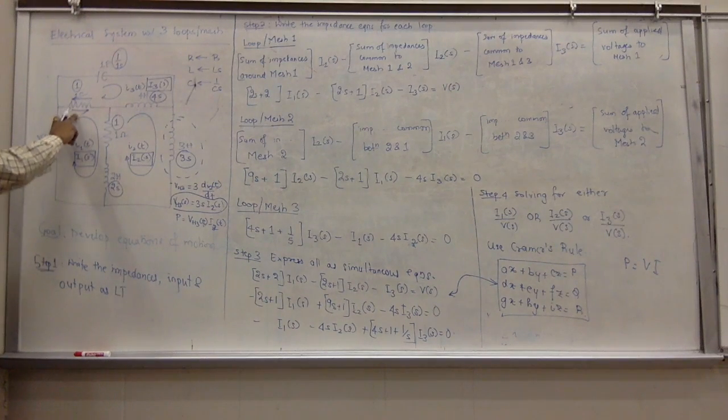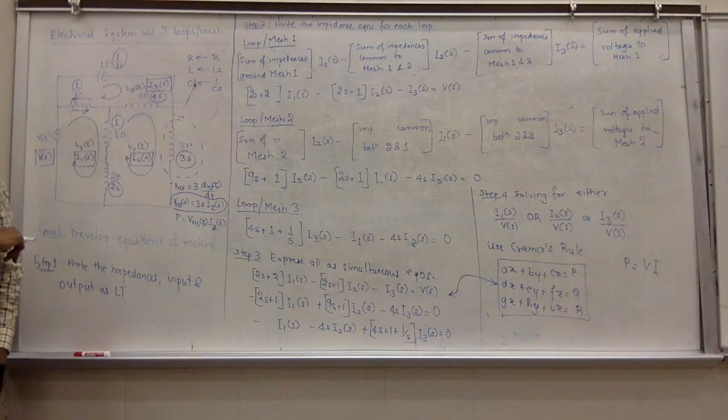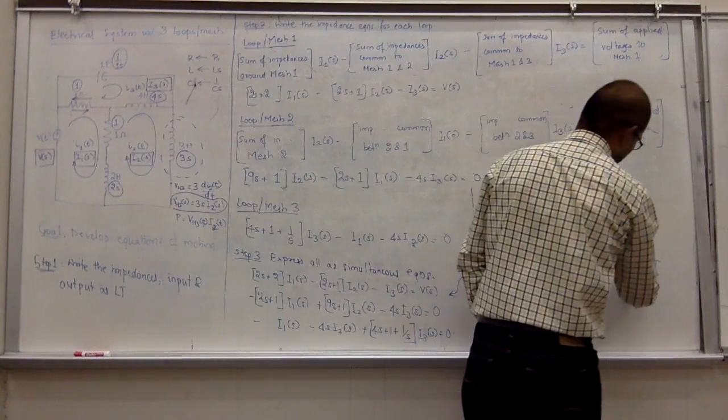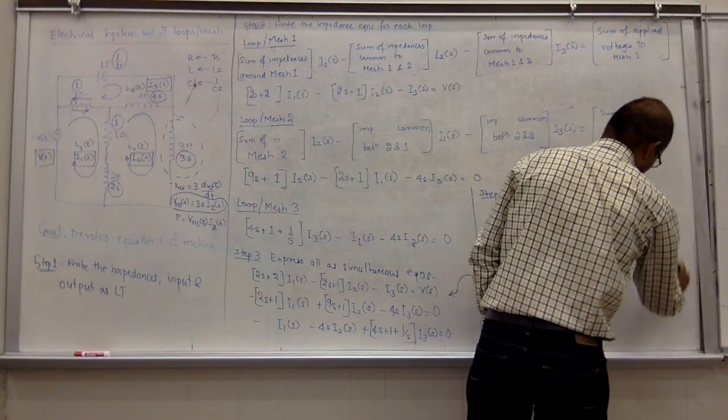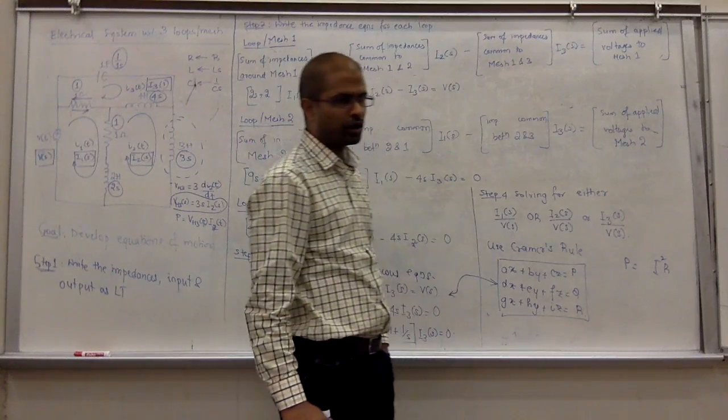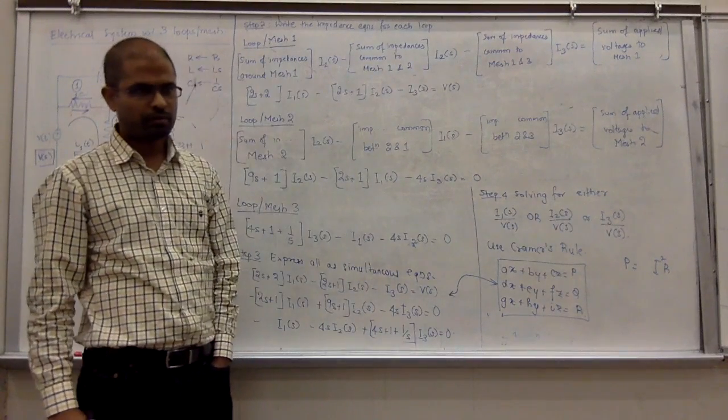If you take the current flowing through this and multiply that by the resistance, you're going to get the voltage consumed by this particular device. And if you know the voltage and multiply, if you do VI, you get power. What is power also equal to? I square R, right?